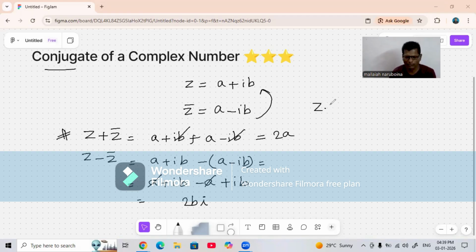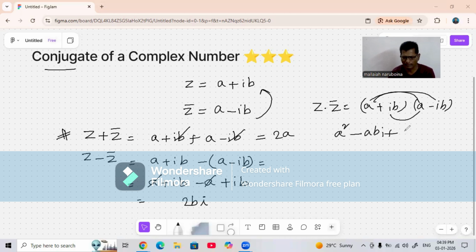Finally, z into z bar. z we know is a plus ib, into z bar, a minus ib. a into a is a square, plus into minus is minus, a into ib, that is abi. Next plus ib into a, abi, plus into minus is minus, ib into ib, i square b square.